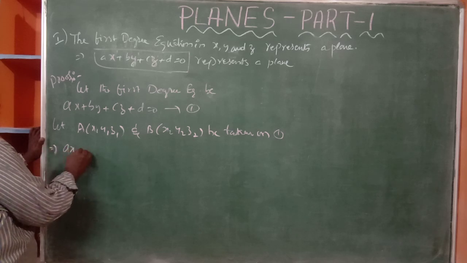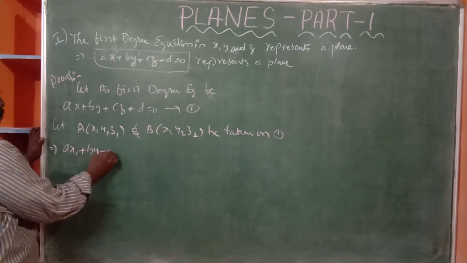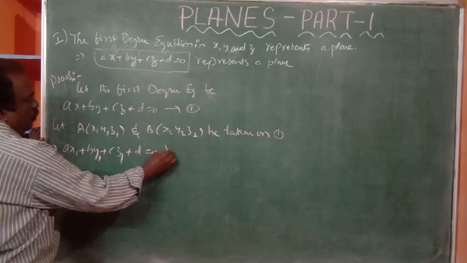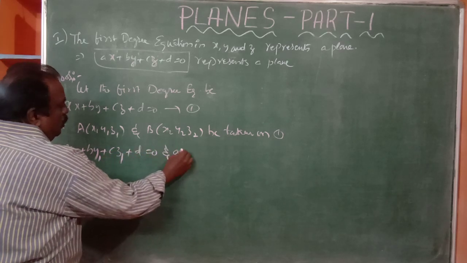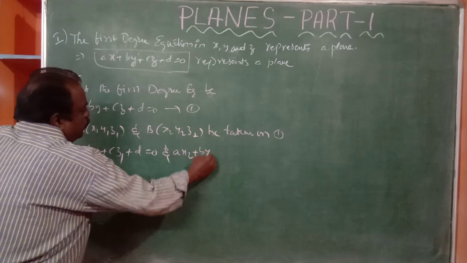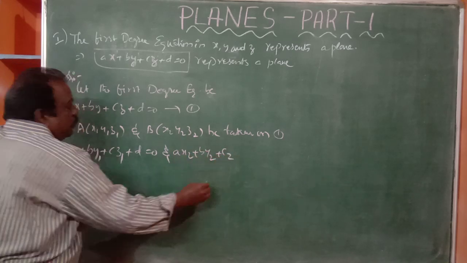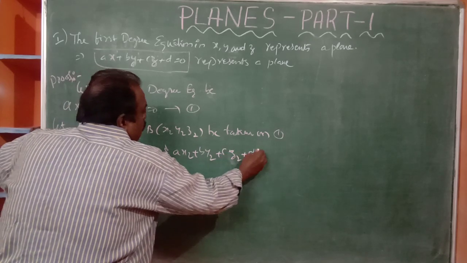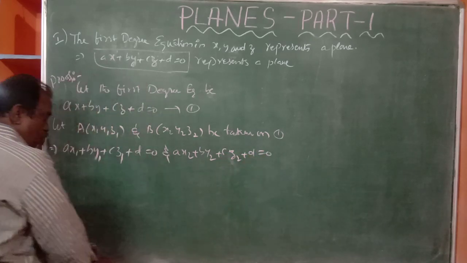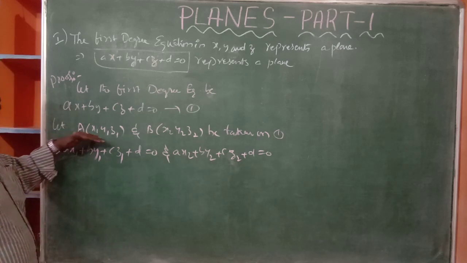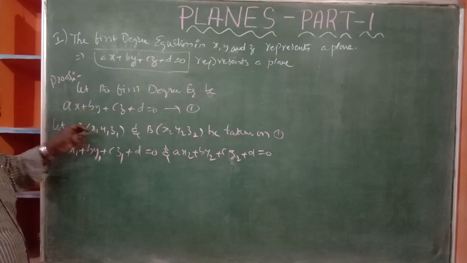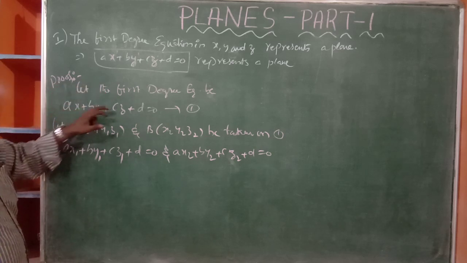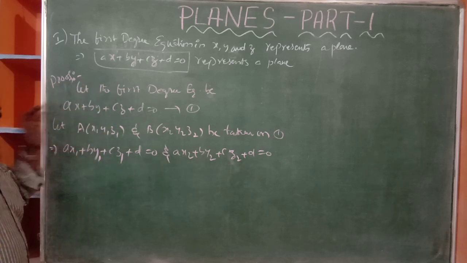That implies ax1 plus by1 plus cz1 plus d is equal to 0, and ax2 plus by2 plus cz2 plus d is equal to 0. If A lies on this, x1, y1, z1 will come in place of x, y, z.